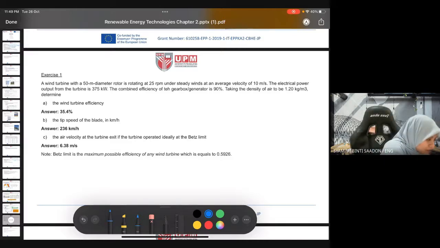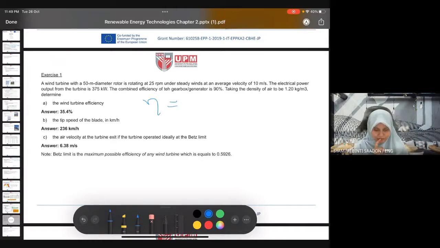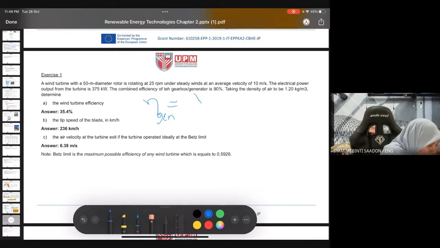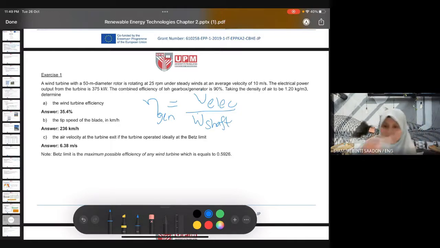So for the wind turbine, from the electrical efficiency of the generator, electrical over the shaft. The shaft is the input power.